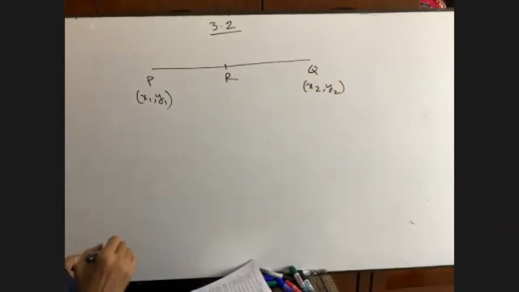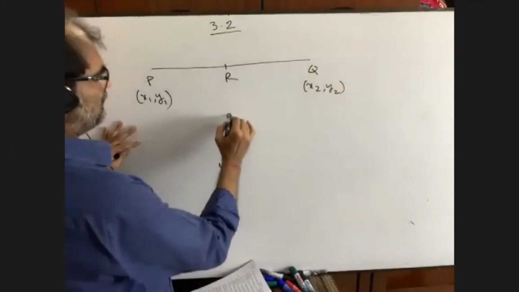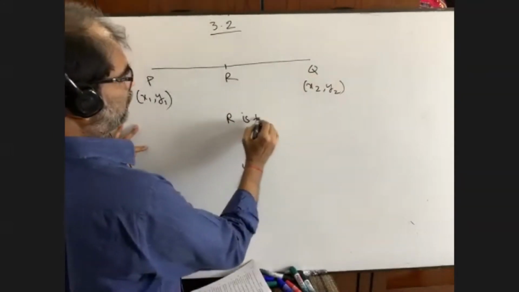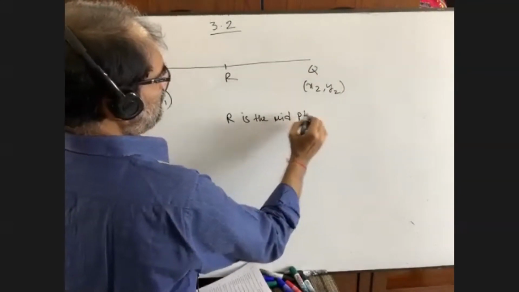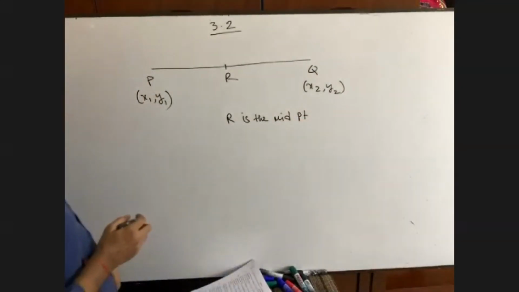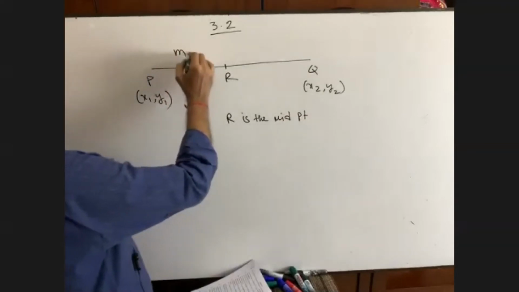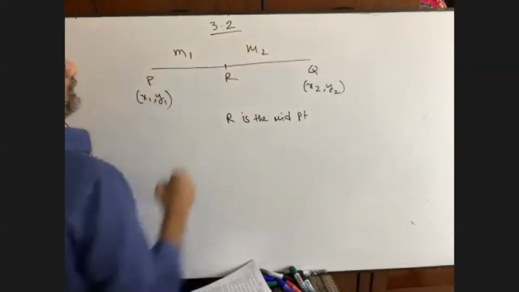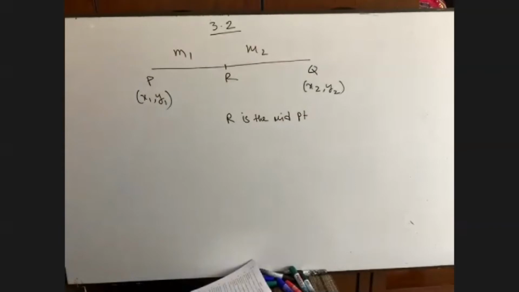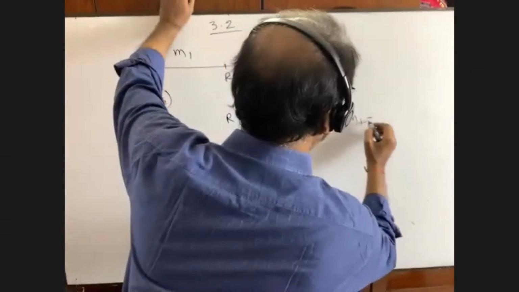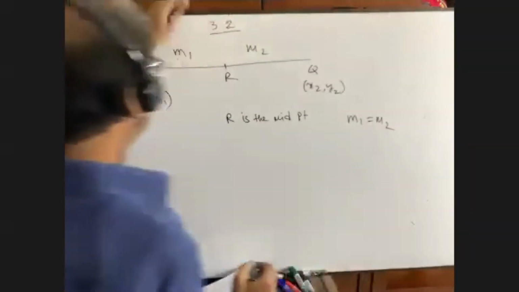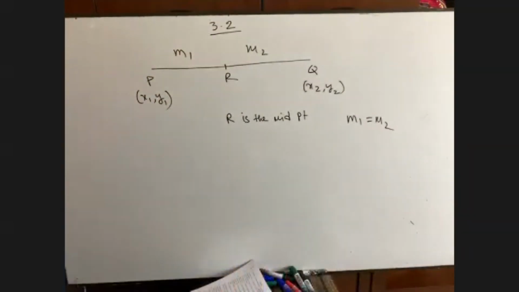Now suppose R is the midpoint. Then what will happen? It is M1, it is M2, but R is the midpoint. That means M1 is equal to M2. They are equal, right? Talk to me.